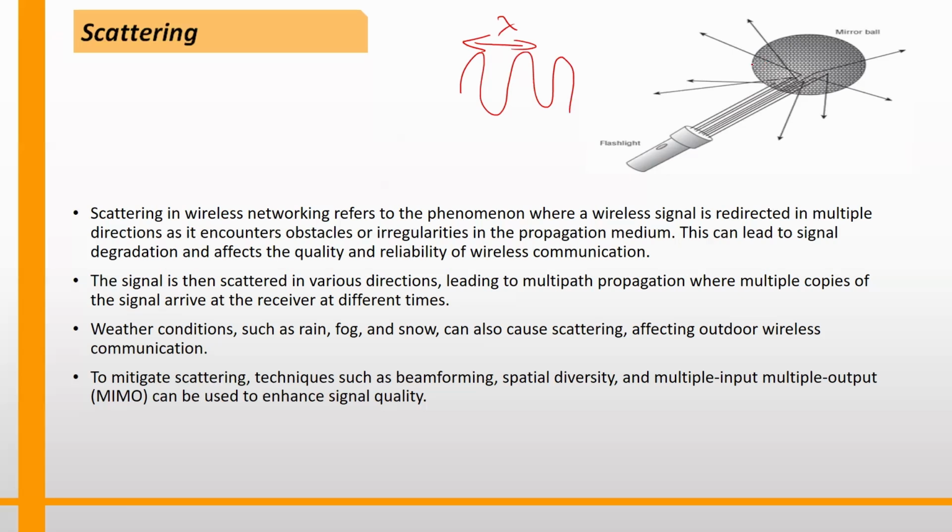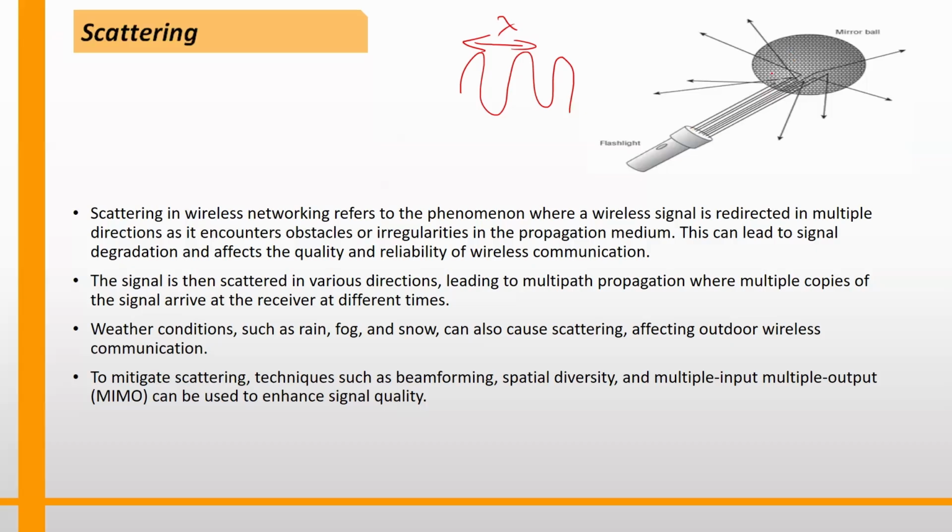Suppose the waves are hitting the air moisture and the wavelength of the wave is larger than the particle it is hitting. At that time, scattering will happen. For example, here you can see a flashlight shining on a mirror ball, and it is scattering the light in many directions. So this is what scattering means. And it happens when the wavelength of the wave is bigger than the particle itself.